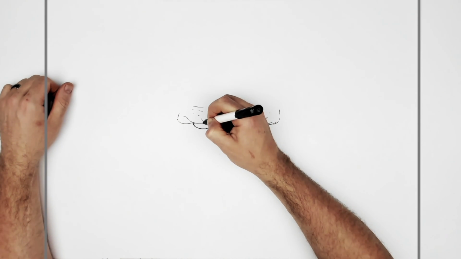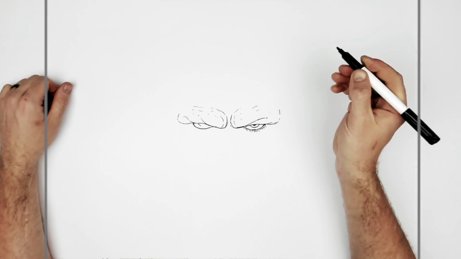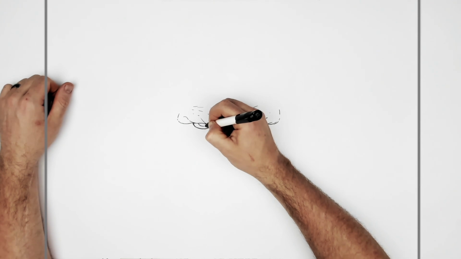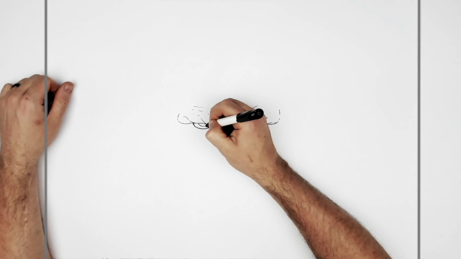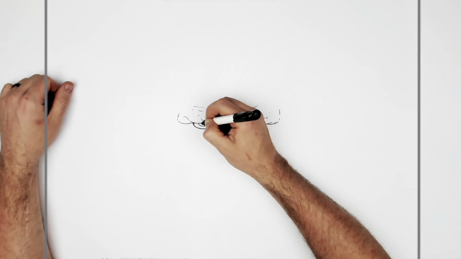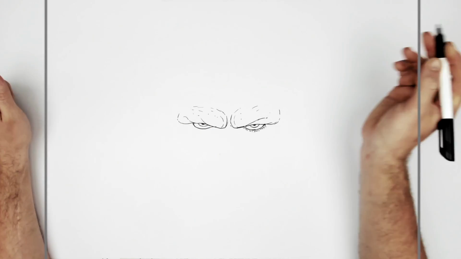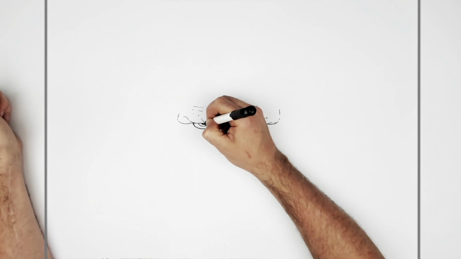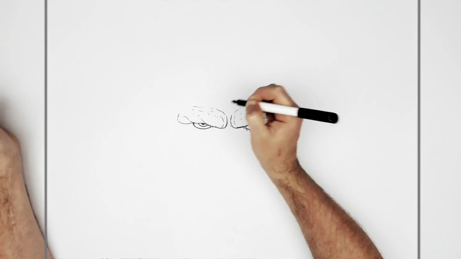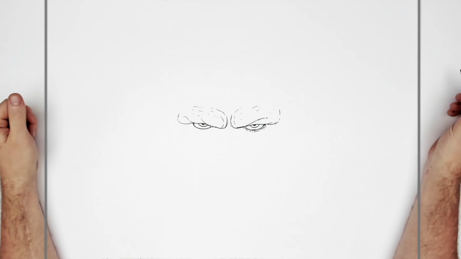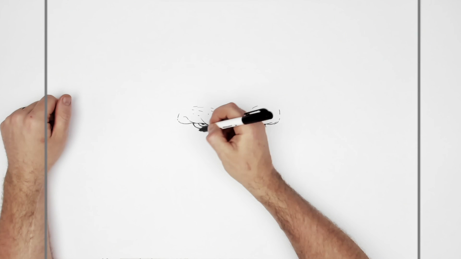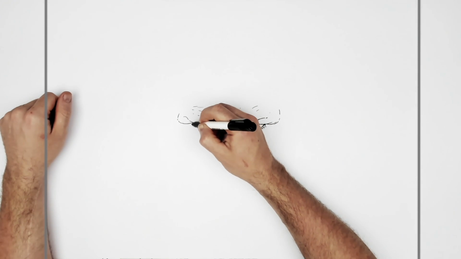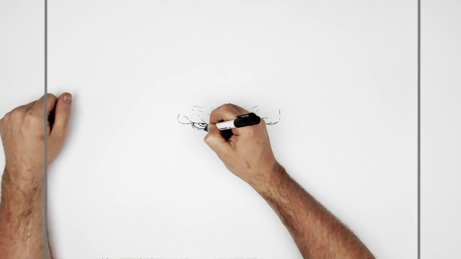And iris. Just checking to make sure they're the same size. So then dots and dashes for the bottom eyelash area.